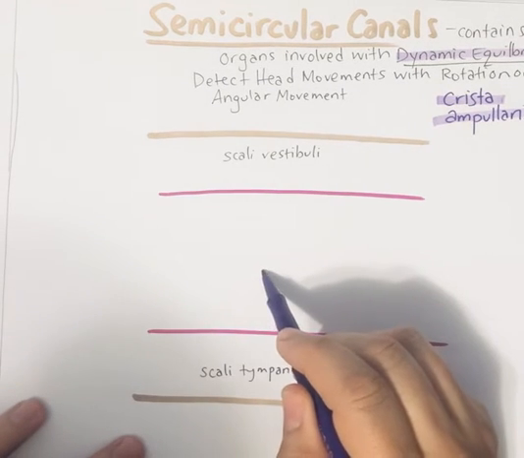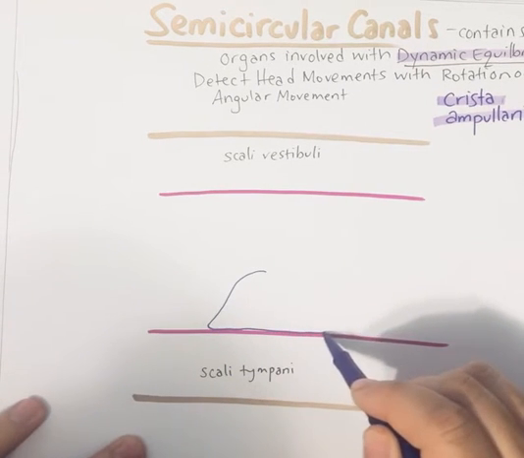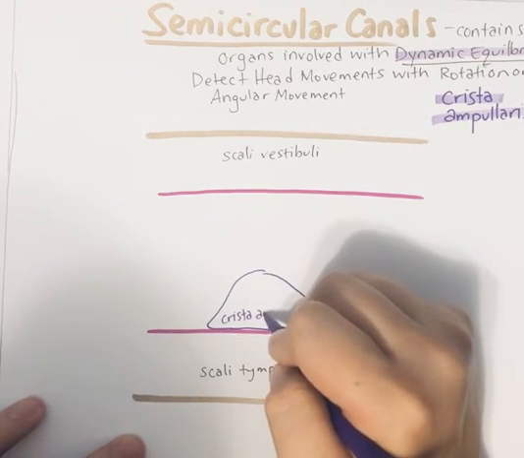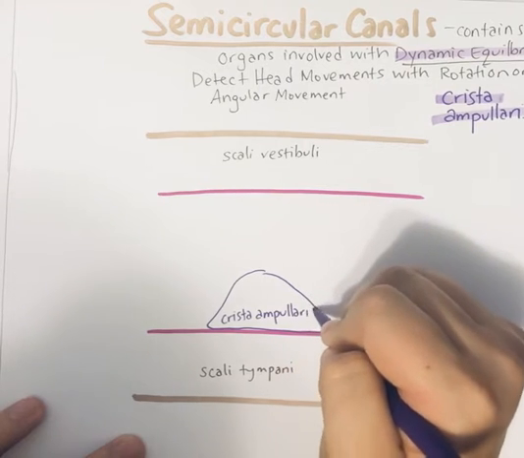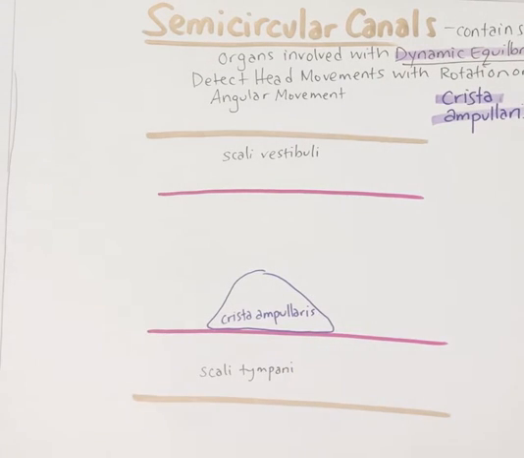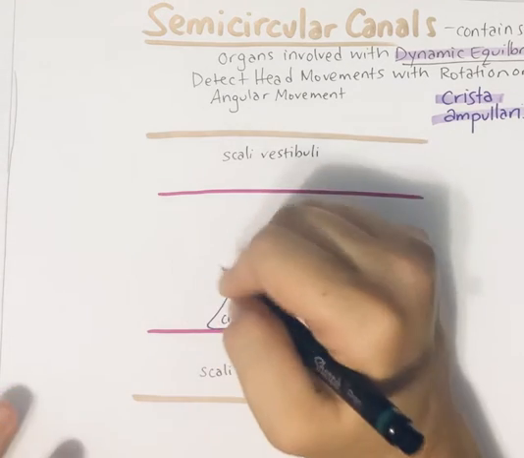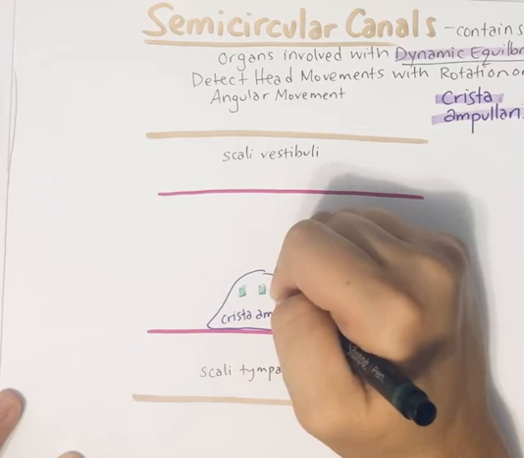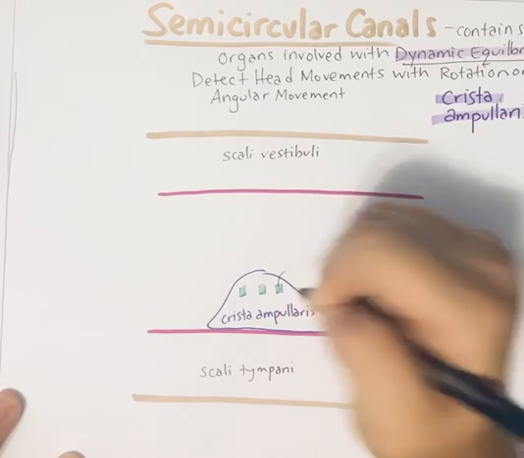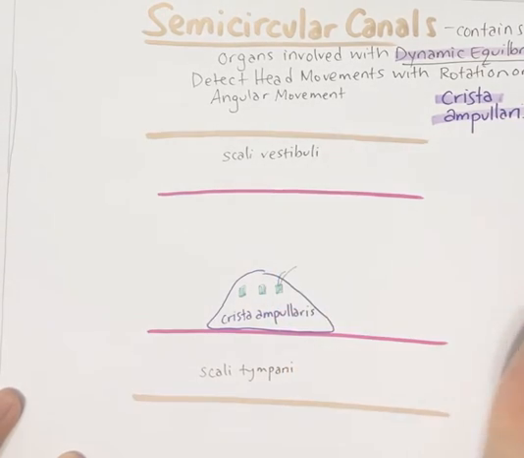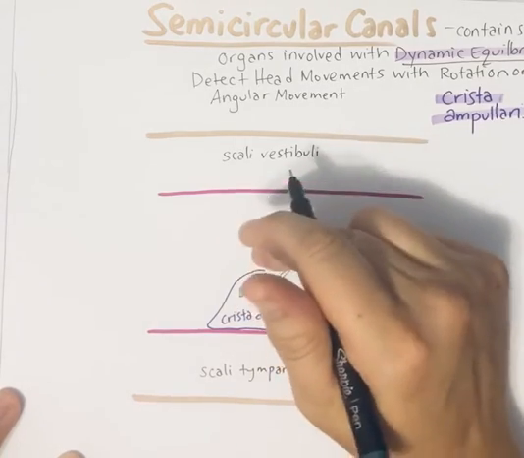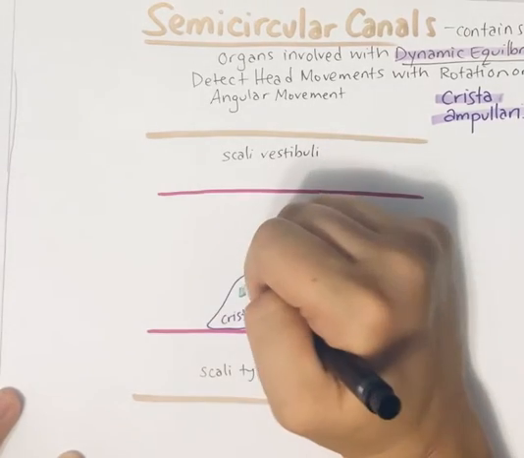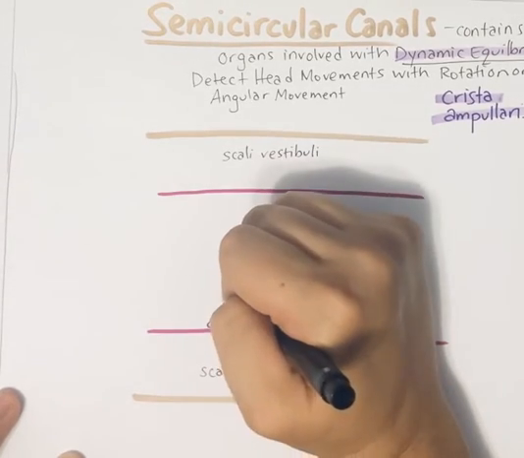All right, so the crista ampullaris also has hair cells that are connected to cranial nerve 8. So we have hair cells attached to the crista ampullaris. You have short ones called stereocilia, microvilli, and then you have kinocilium, which are going to be floating around here in the endolymph of the ampulla, stereocilia and kinocilia.